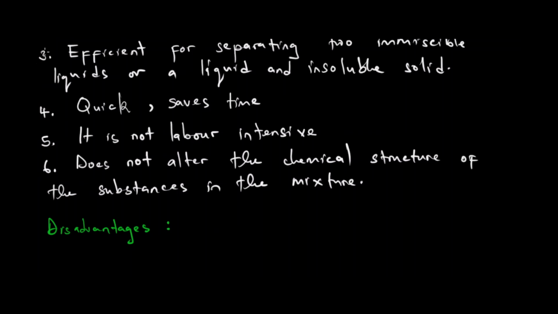Advantage number 3. Efficient for separating two immiscible liquids or a liquid and insoluble solid. There is actually a disadvantage there. And how do we put it down? Tinongoti it only works if the solid is insoluble.